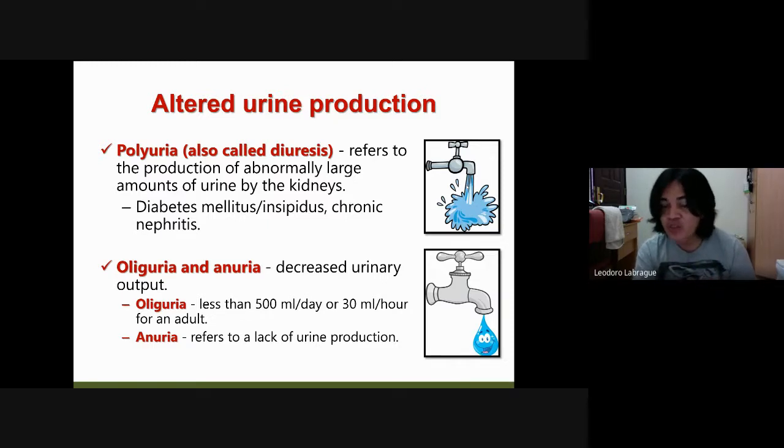Yes, you would observe that in patients with kidney problems when you go to the hospital. Polyuria, large amount of urine. Oliguria, less than 500 ml. Anuria, technically the patient doesn't have urine output at all. It's minimal or no urine output at all.